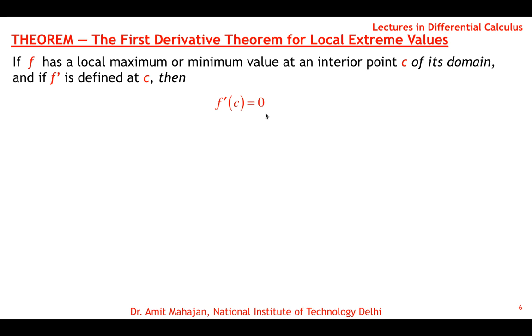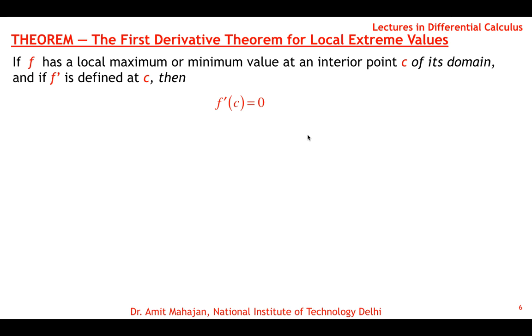For example, say you are given a function f(x) equal to x cube. Then you know that the first derivative f dash x is 3x square, and the derivative will be 0 at x equal to 0, because 3x square is 0 at x equal to 0. But that doesn't mean that x equal to 0 is a point of local maxima or local minima.